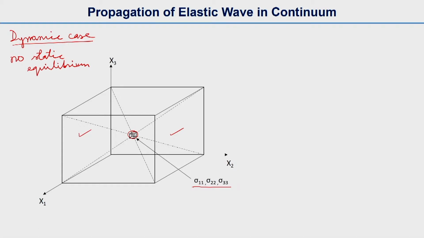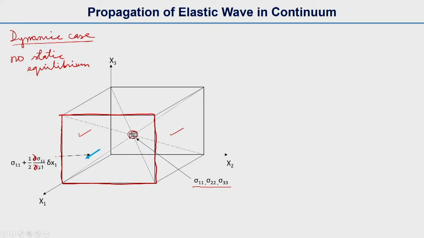So if you see the front face now, the stress acting here is sigma 1 1 plus half of, I'm sorry about that, these symbols are somehow mistakenly taken as this. These are all the partial of sigma 1 1 with respect to x1.